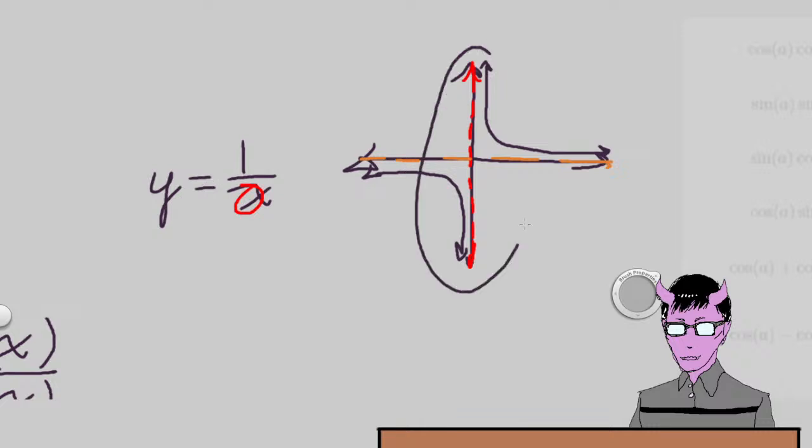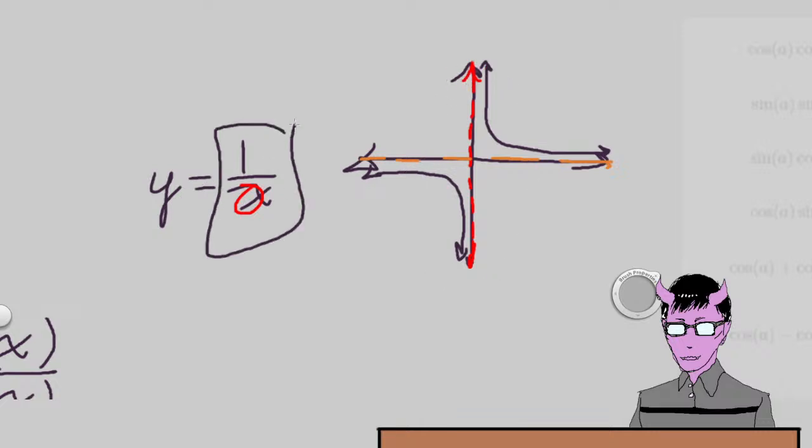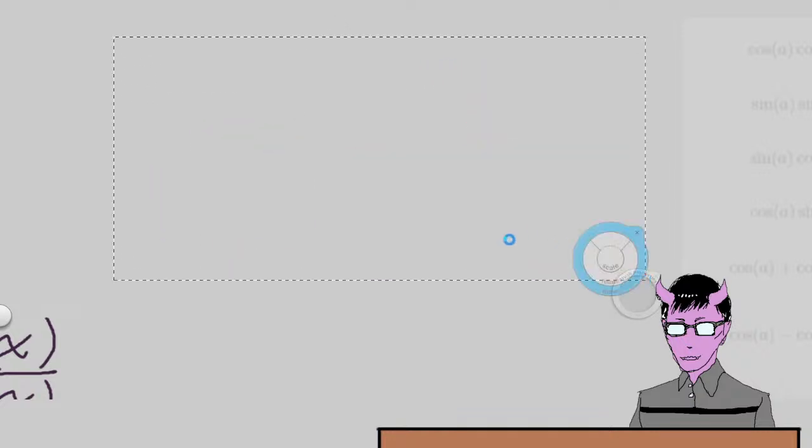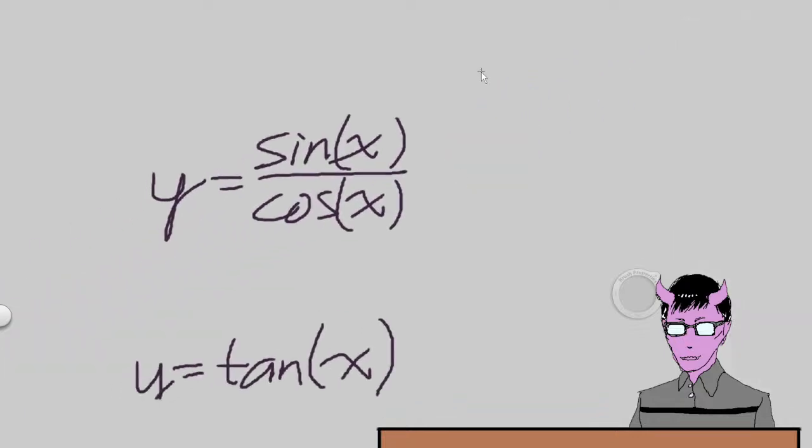So again, why do we have this vertical asymptote where our graph cannot cross? Because we can't divide by 0. Why do I bring up not being able to divide by 0? Because this is a fraction, and we make note that there are instances in which cosine of x can be equal to 0.